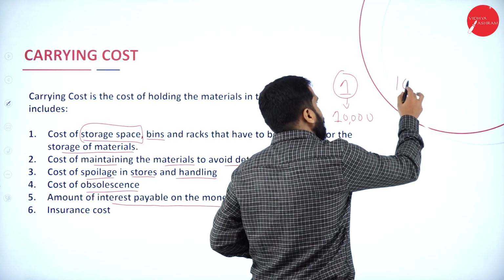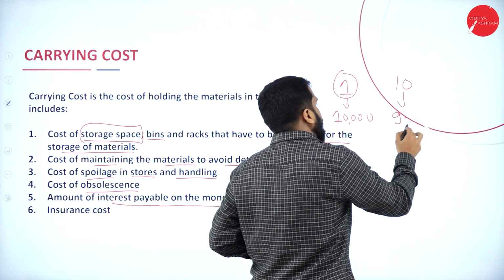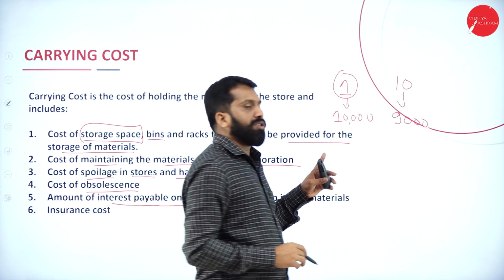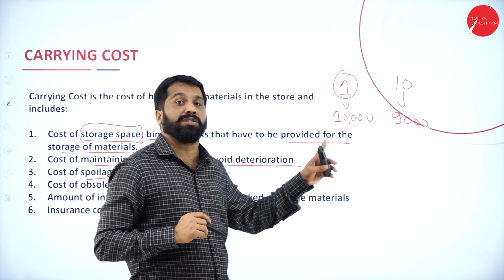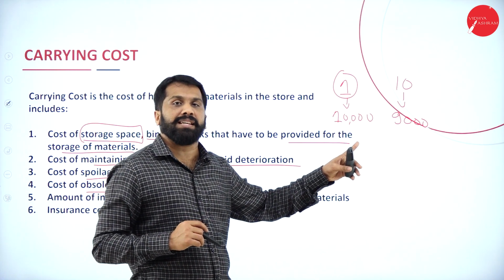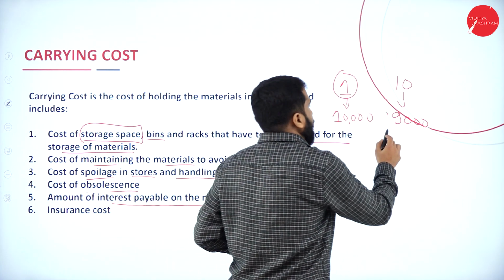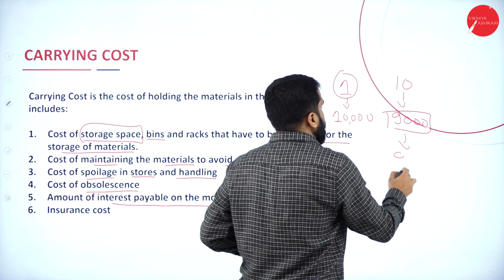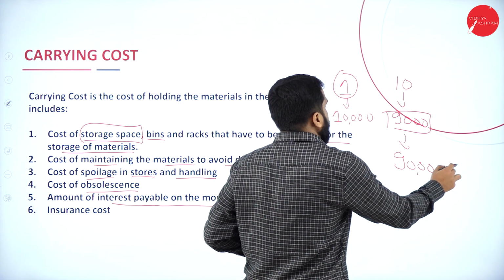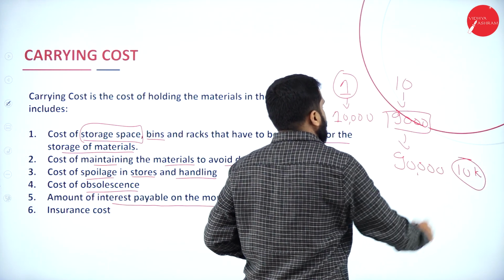I'll give it for 9,000 each. How much for single? 10,000. How much for 10? It is 9,000 each. 9,000 into 10, you are supposed to pay 90,000. Almost you can save 10,000.